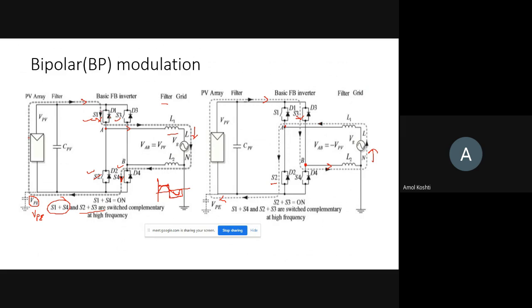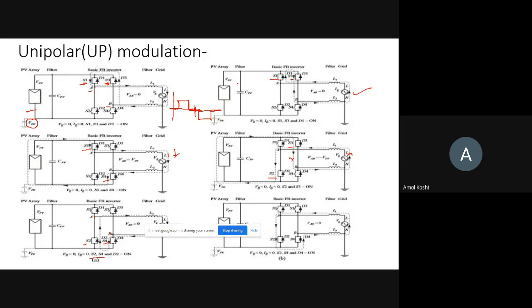So here we can write in short. Suppose this VPV is there, we are producing the output. In bipolar modulation, it is produced as plus VPV and minus VPV, only these two parts. In unipolar modulation, the output is initially 0, then from 0 to plus VPV is produced, then again 0, after this minus VPV is there, and again 0.